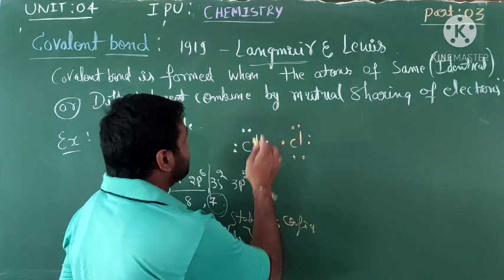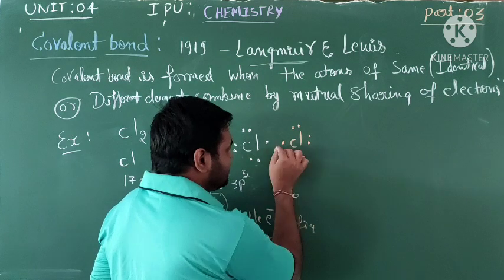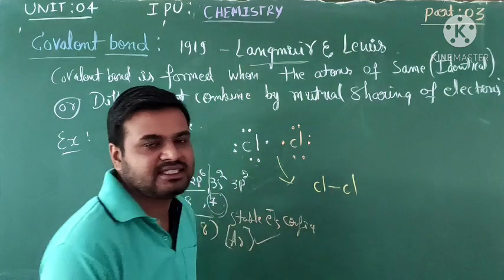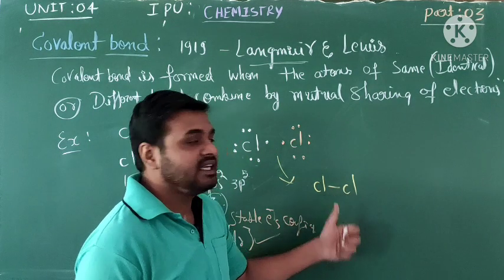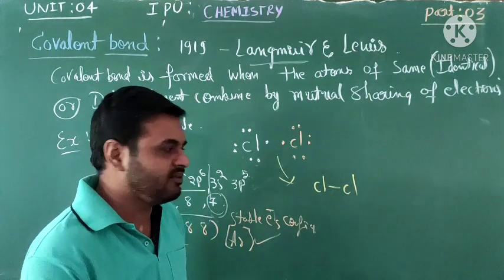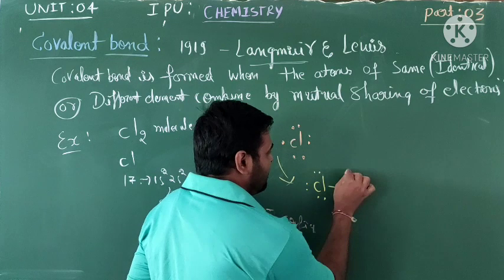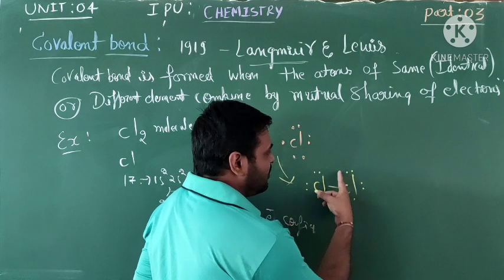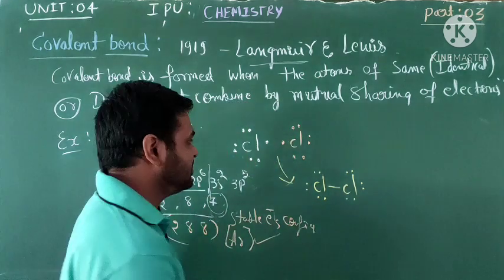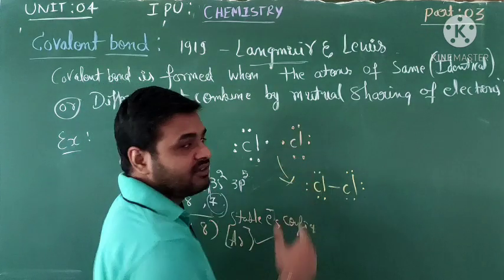To make a bond, what is that called? Covalent bond, and it will be represented like this. This is called a covalent bond, a single covalent bond. Either 2 or 3 is called a multiple bond, which will be discussed later. The remaining electrons are called lone pairs of electrons. 1, 2, 3: 3 lone pairs of electrons are present in each chlorine atom. Okay, this gives the octet rule.